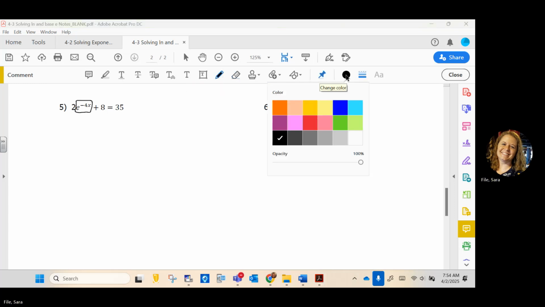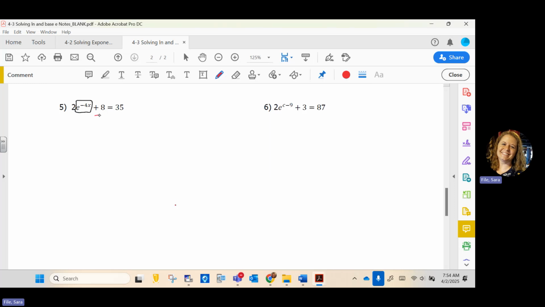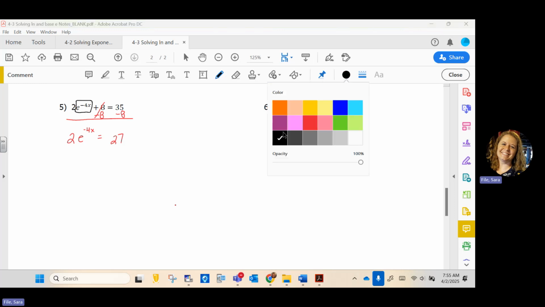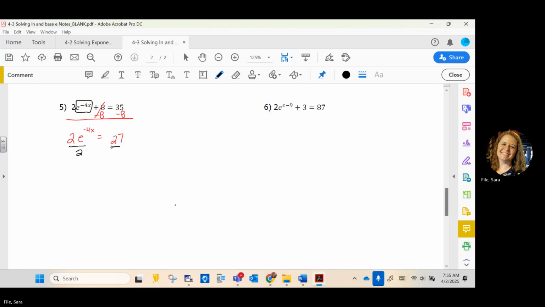You move the constant first. So I'm going to subtract 8 from both sides. Then I'm going to divide by the 2. And 27 divided by 2 is 13.5. So 13.5.